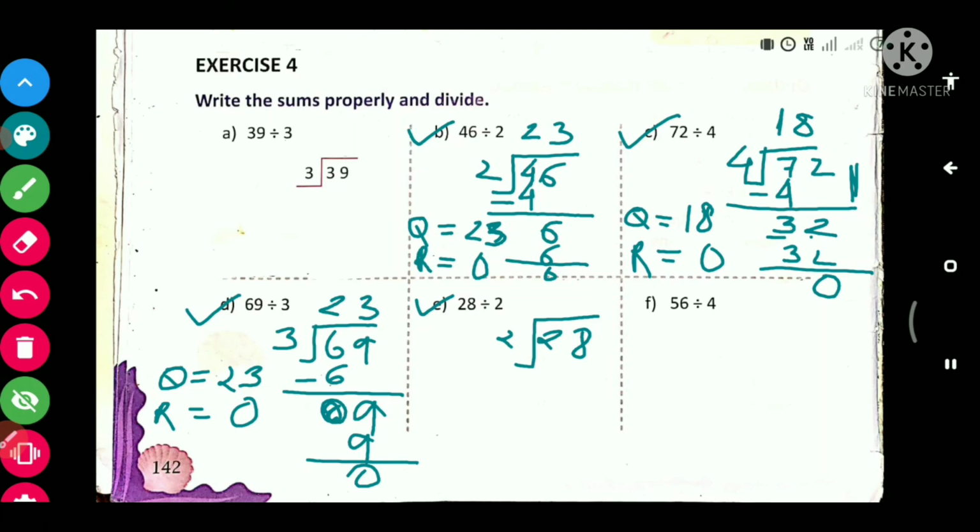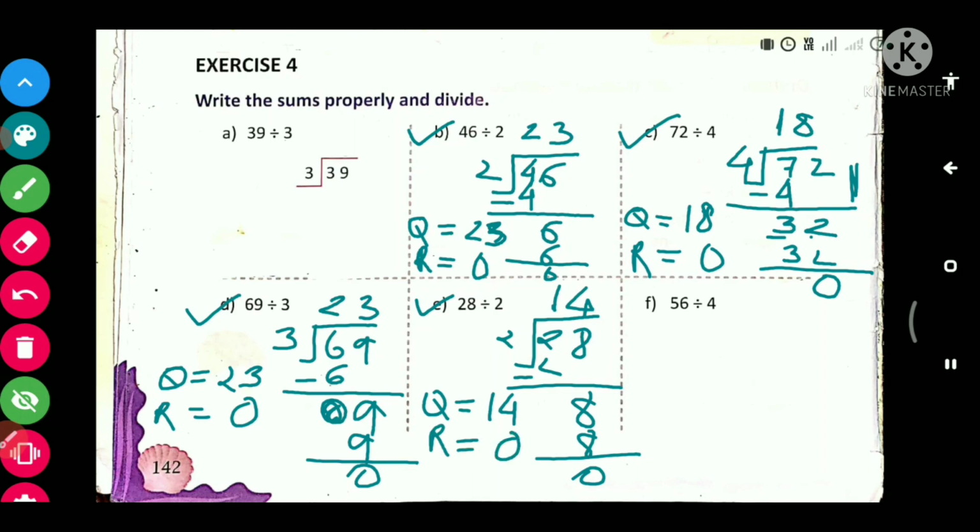So 2 1s are 2. Now 8 will be here after 2 minus 2, we get 0. Now 2 4s are 8. So our quotient will be what? 14 and our remainder will be what? 0.